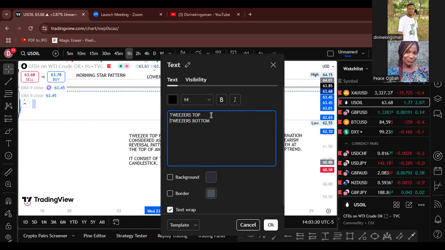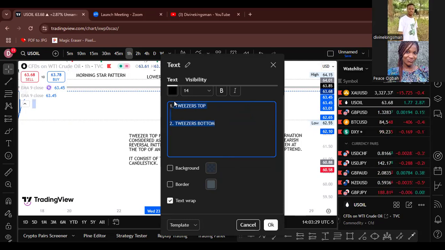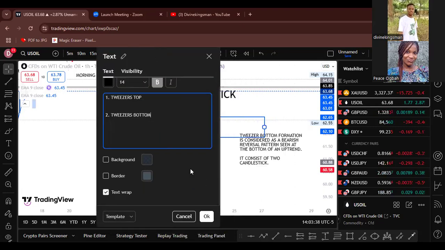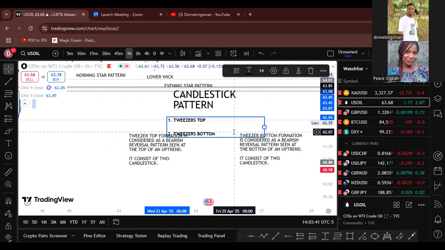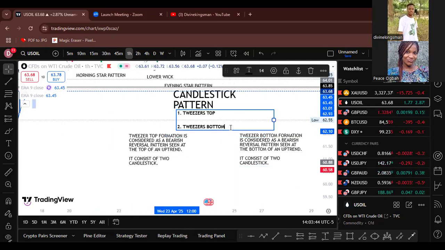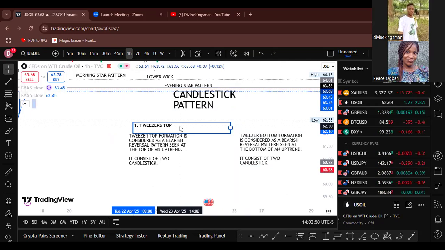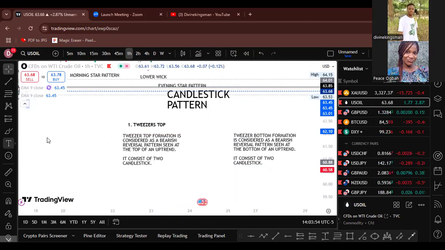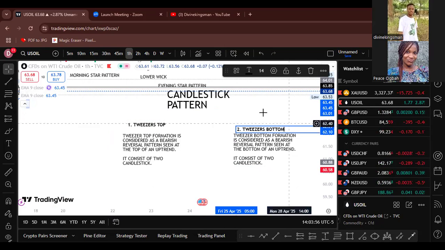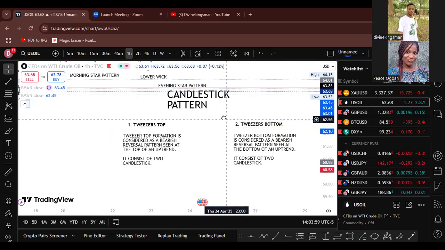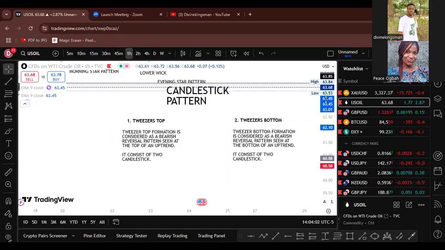So these are also examples of candlestick patterns, but we have a lot of them.